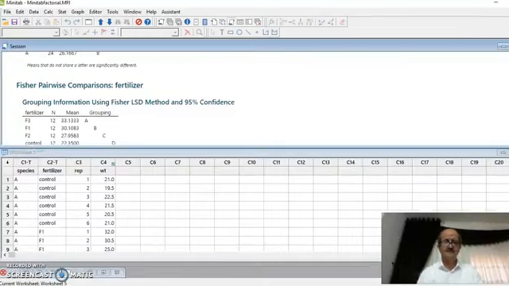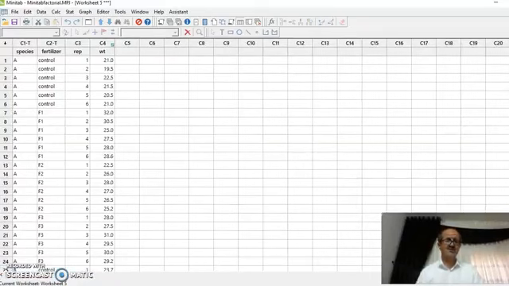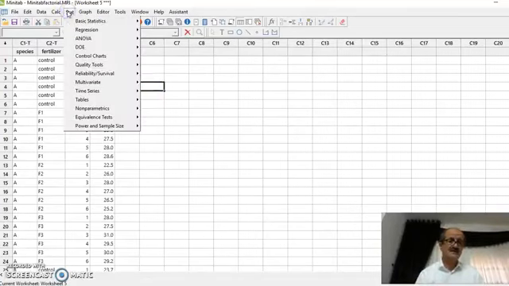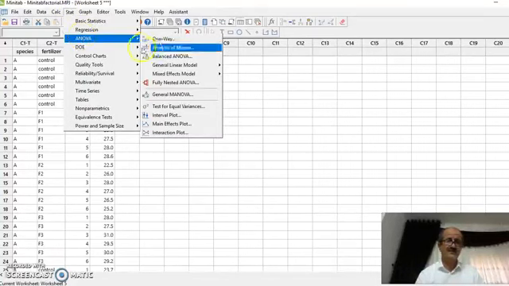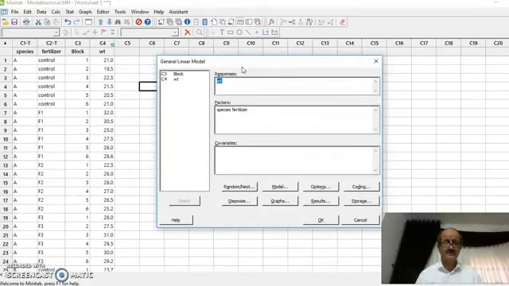Okay. Now suppose that our factorial treatment design was arranged in a randomized block design. So instead of the replicate, we will have the block as a factor. The analysis will not differ. Go to ANOVA, General Linear Model.